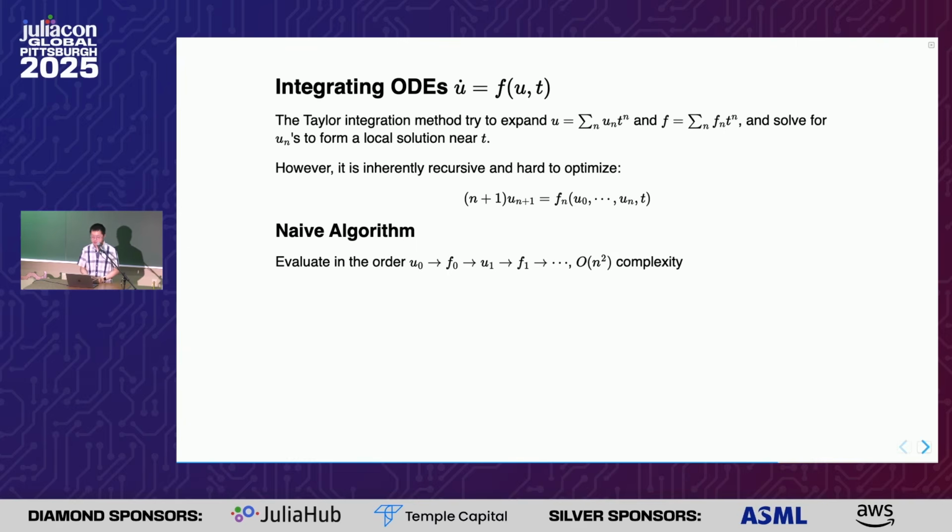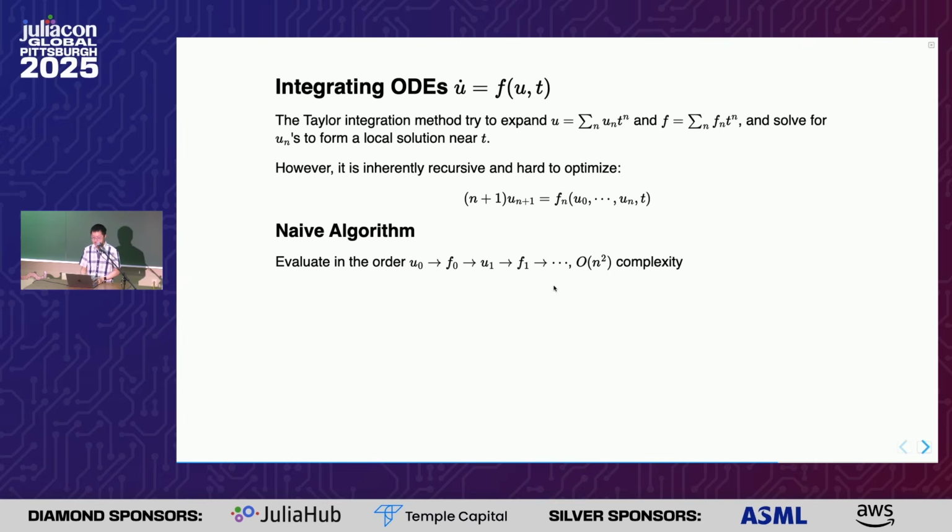The naive algorithm is like that. You first have u0, and then you compute f0, and then u1 and f1 and so on. But each time you get f, you need to invoke a call to the automatic differentiation library. So it is like O(n) squared complexity.